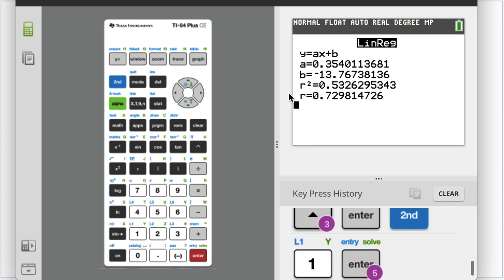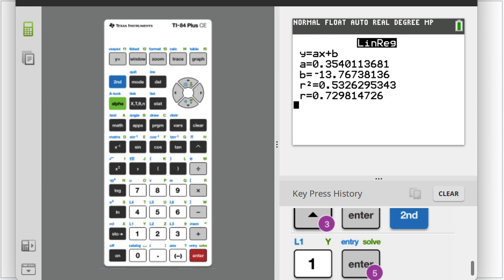Don't worry if you don't have r squared, we'll talk about that shortly, and I'll help you get that on your calculator. In the meantime, I want to concentrate on, I have an A value of 0.354, and I have a B of negative 13.767. So a linear regression line is going to follow that form of y equals mx plus b.